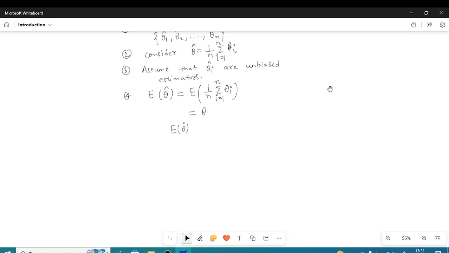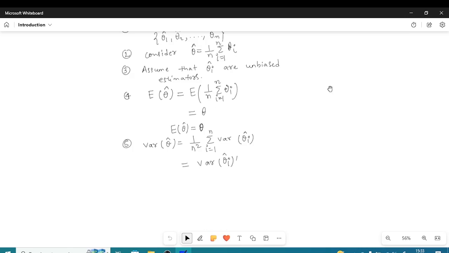Then what's the variance of this estimator? Variance of theta hat is given by this expression, which we can write as variance of theta i hat over n, if they are all the same.